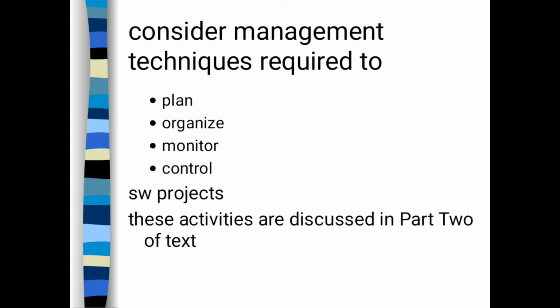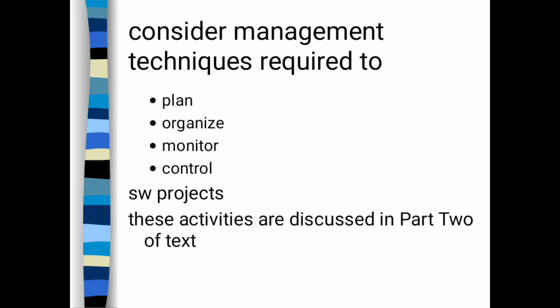Generally, the schedules are very tight in real projects, so we have to make sure that the schedules are reasonably met. Finally, control. We have to control the project and make sure that we are on schedule.